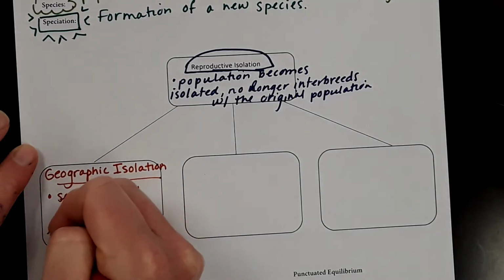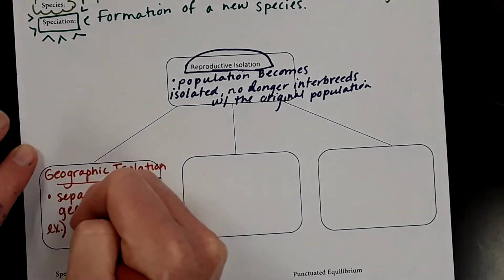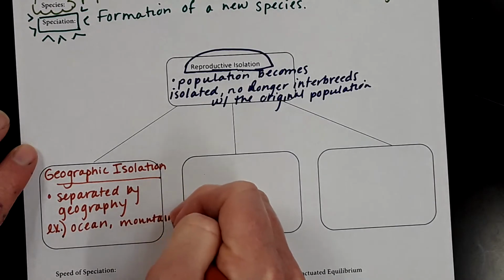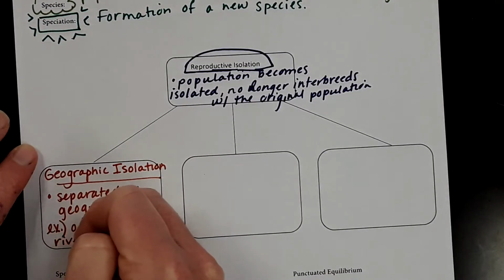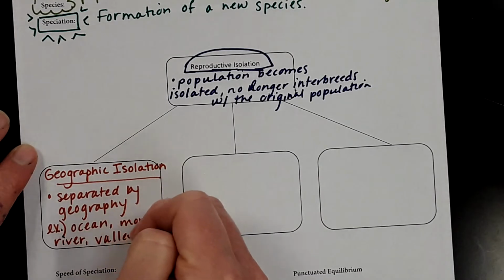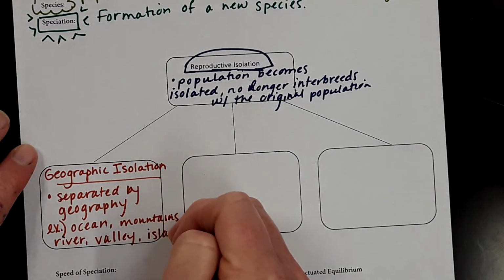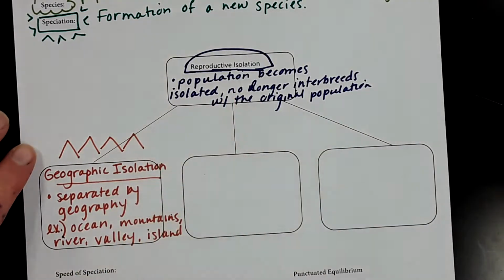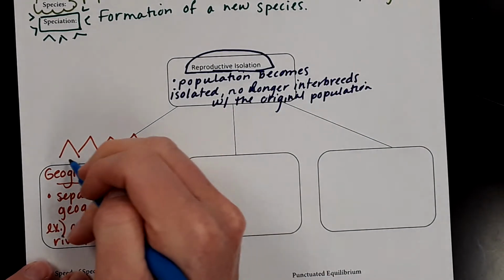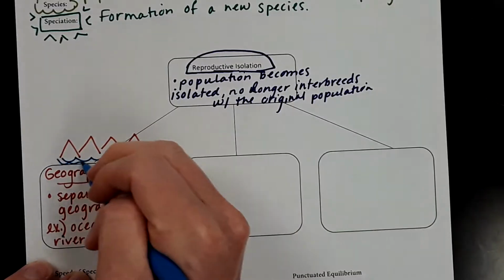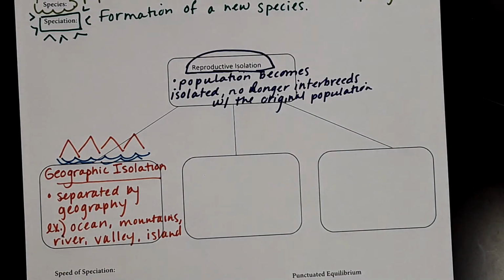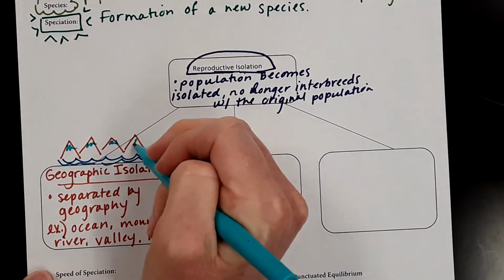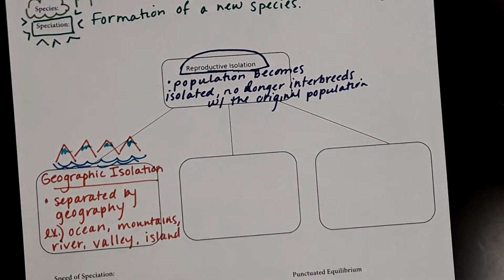And this geography could be something like an ocean, the mountains, a river, a valley, or maybe you're stranded on an island. All these things would be types of geographic isolation. I'm just going to draw little mountains up here. They could separate you, a river. Maybe we'll put some ice on those mountains. So one form of reproductive isolation is you become separated by geography.